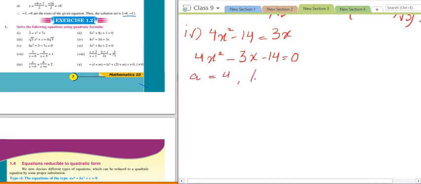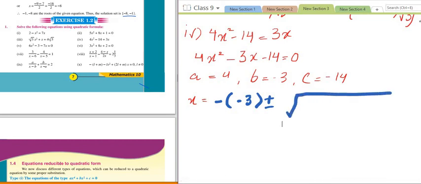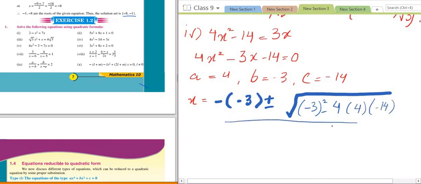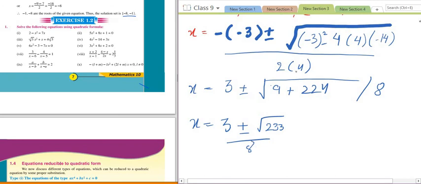Here A is 4, B is minus 3, and C is minus 14. x equals minus B, which is 3, plus minus square root of B square, that means 3 square, minus 4AC, and this is 4 times 14, so this is 28.